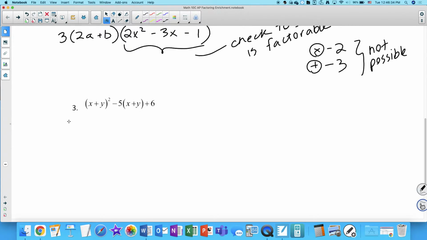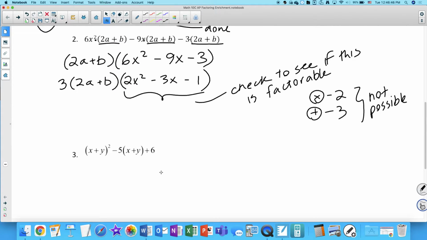So here we've got x plus y squared minus 5 times x plus y plus 6. Yes, for the other question. What if you took out the negative sign, like if you took out a negative 3 here, would that be possible? You can do it, right? But then all of the signs in here would change.